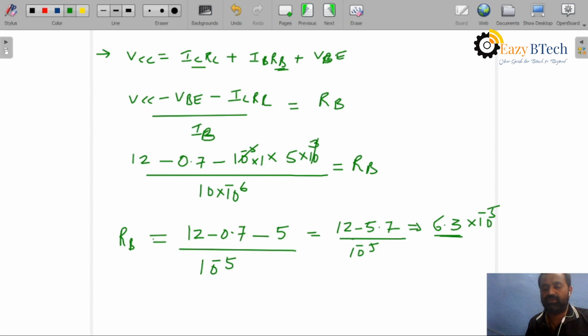Now if you obtain this, 10 power minus 3 goes up, you will get 10 power plus 5, and the value of RB you are going to get is 63 into 10 power 5.